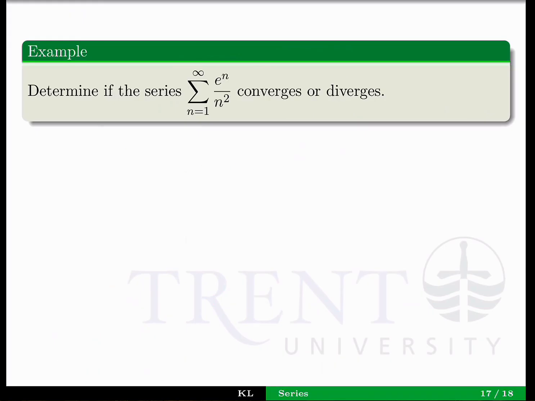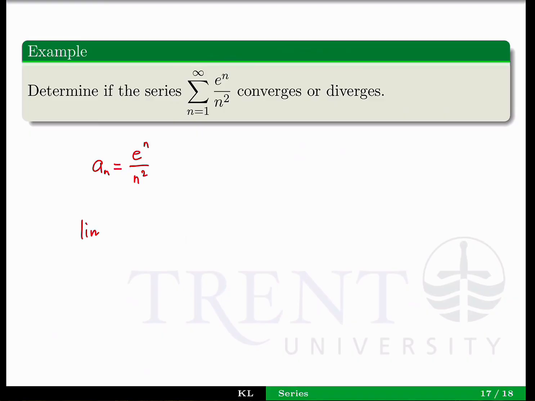Last example here, determine if the series is convergent or divergent. For this one, what we're gonna do is to look at the terms. A sub n is e to the n over n squared.